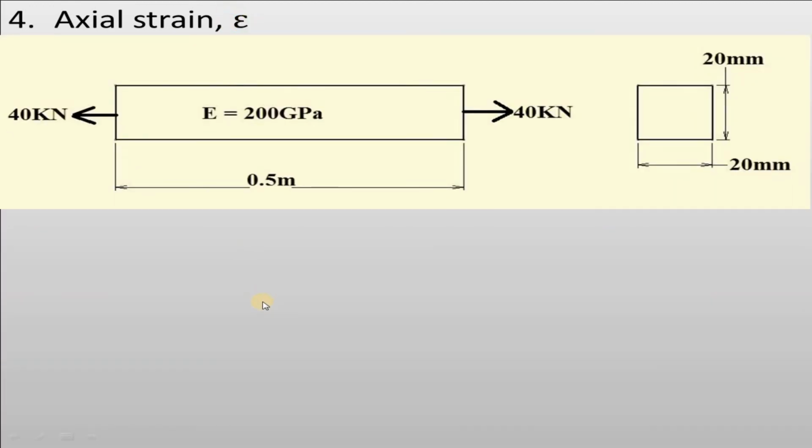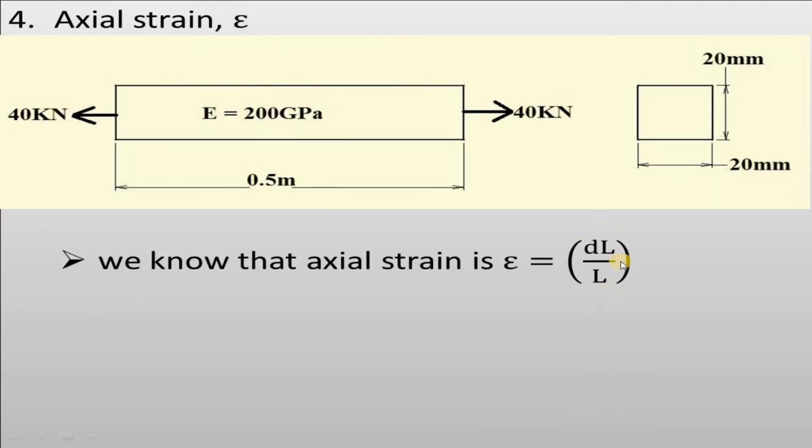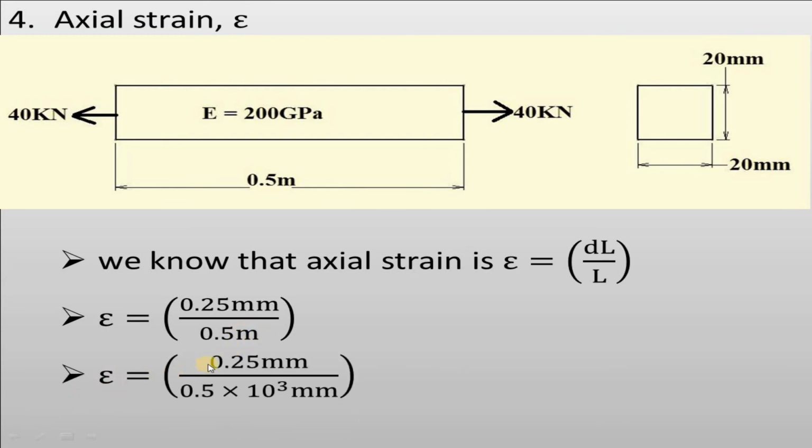Now we will find the value of axial strain, which is taken as epsilon. The basic formula for epsilon is dl by L, where dl is deformation, L is total length of the square bar. In this problem, we know the value of dl and we know the value of L. So just substitute the values. We get epsilon is equal to 0.25 mm divided by 0.5 meter. In this denominator, meter is nothing but 10 power 3 mm. So the next step will be epsilon is equal to 0.25 mm divided by 0.5 into 10 power 3 mm.